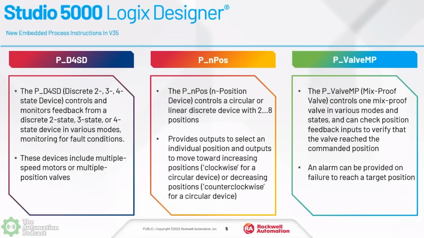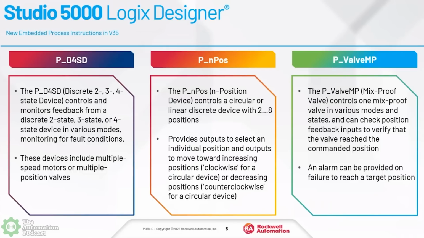So this is a really nice thing if you're already familiar with how these things work. Traditionally in the PlantPAx library, they would be an add-on instruction. So this is going to translate directly into the embedded instructions. So there's no need to have to relearn everything from scratch. Now it just makes it that much more simple that you don't have to import, make sure you're at the latest version, and everything is right there for you.